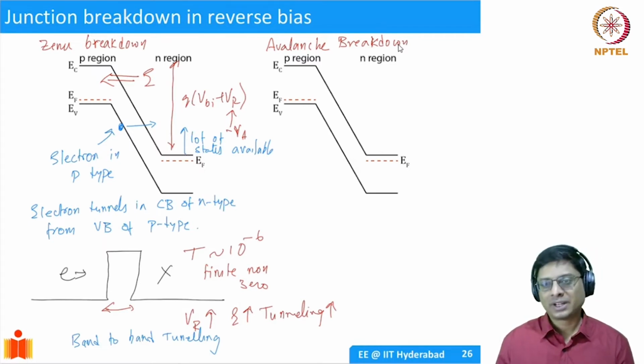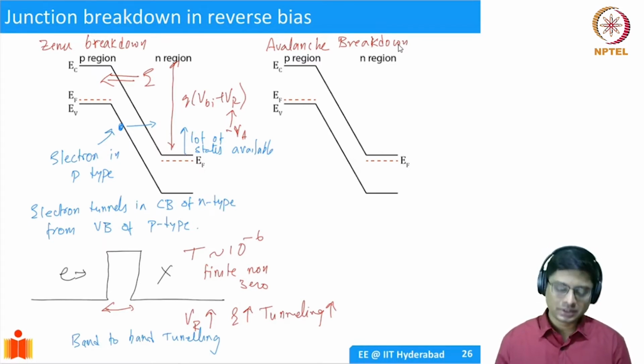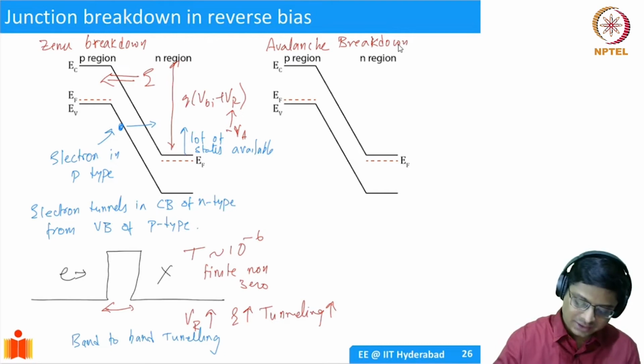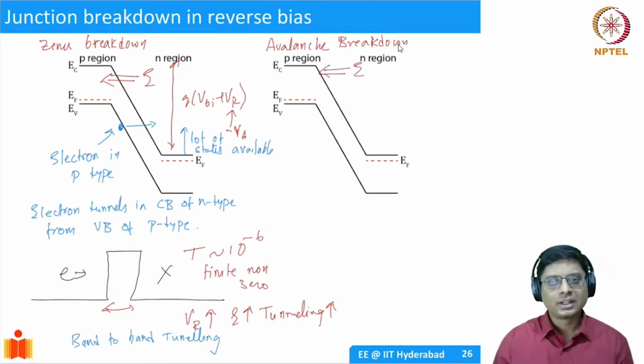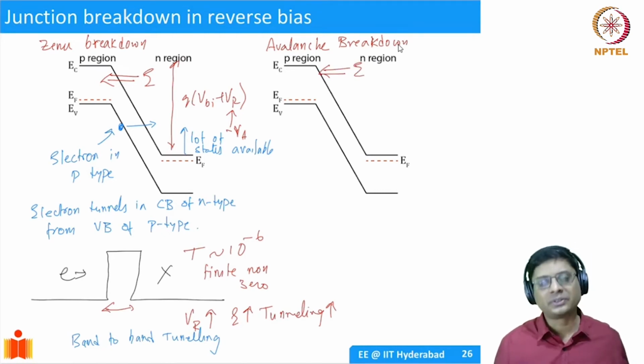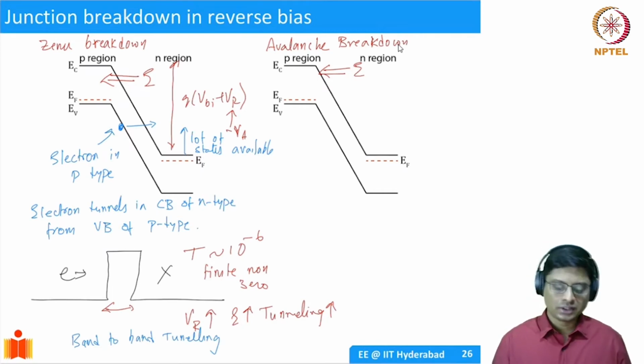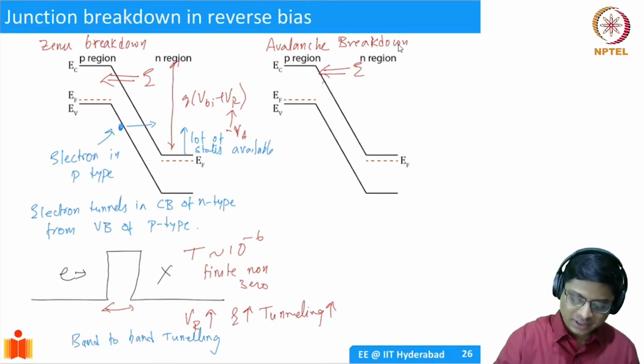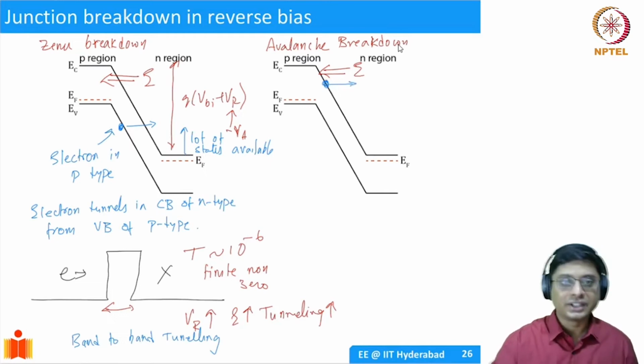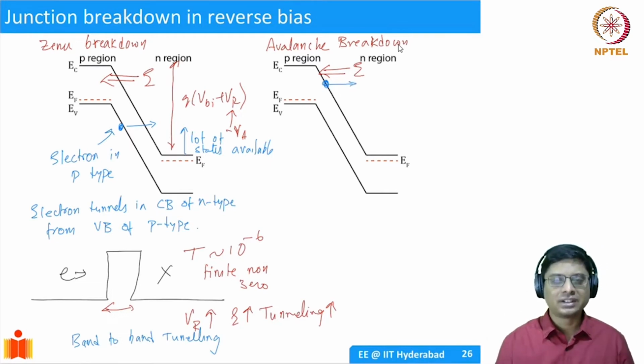We also have another type of breakdown which we call avalanche breakdown. We've already seen that there is an electric field here, right? There's a strong electric field here. And whenever you have an electric field, the carrier acquires a lot of energy as it travels, right? We have seen the kinetic energy of the carrier. So if you take an electron, let's say from here, it's going to travel and go deeper, and it has kinetic energy.